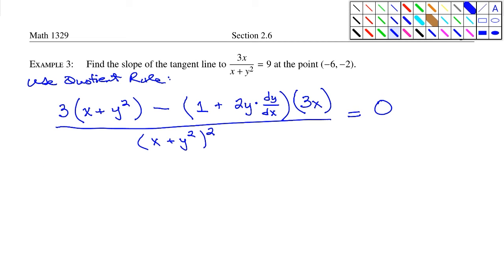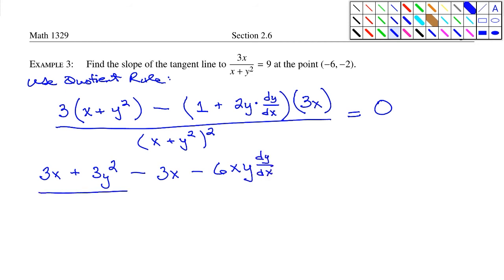I'm going to distribute the 3 and get 3x plus 3y squared minus 3x minus 6xy dy/dx over (x plus y squared) squared.